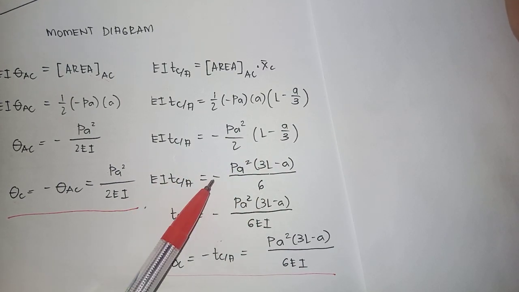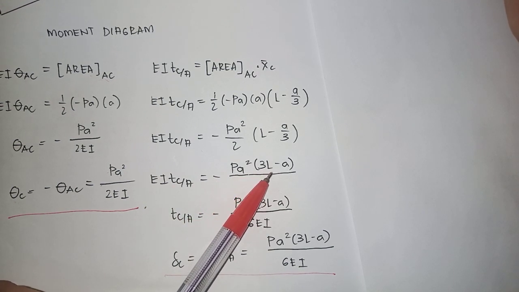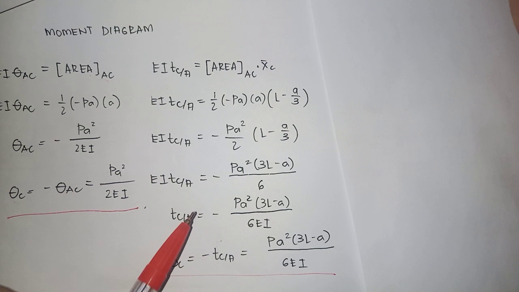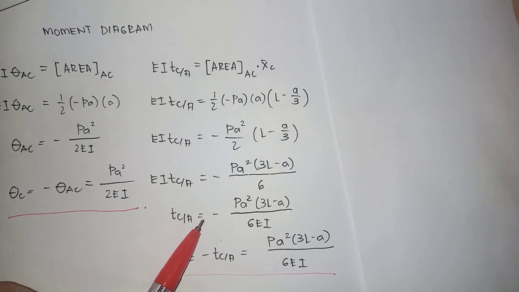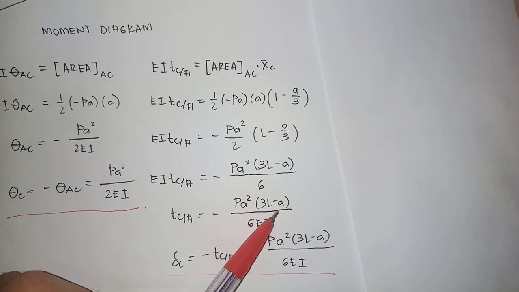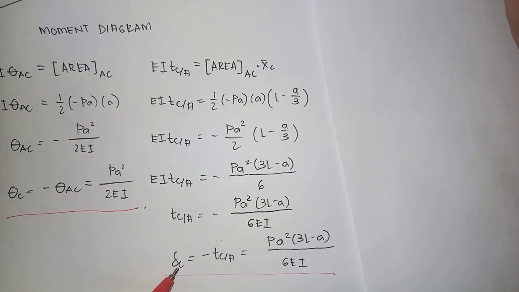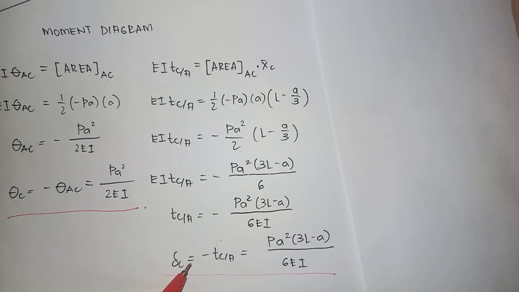So, EI TCA is equal to negative PA squared times the quantity 3L minus A over 6. So, TCA is equal to negative PA squared times the quantity 3L minus A over 6EI. Therefore, we have delta C is equal to what? Negative TCA as discussed a while ago is equal to PA squared times 3L minus A over 6EI.